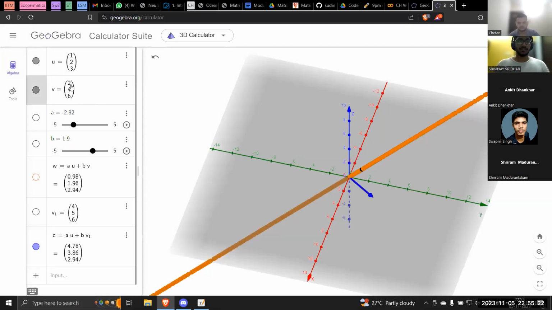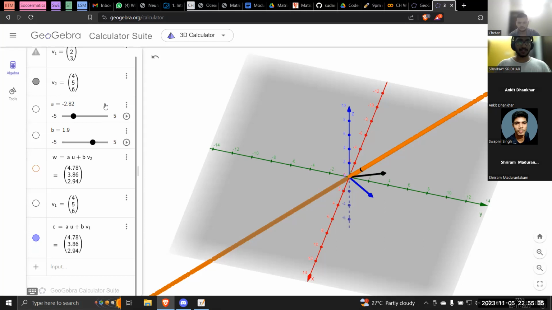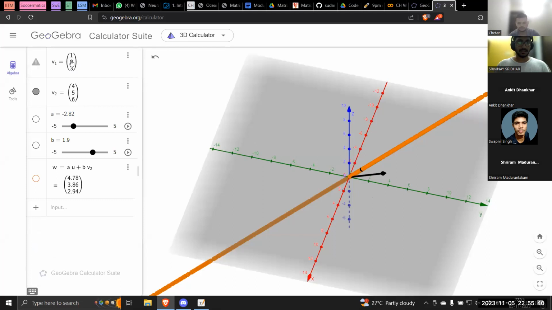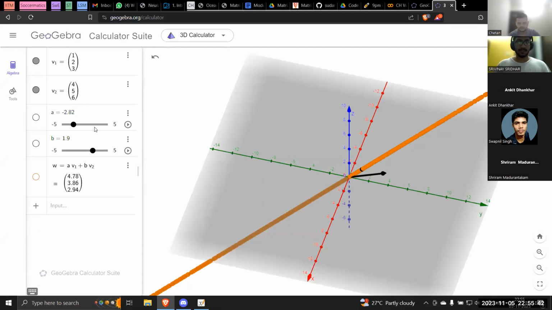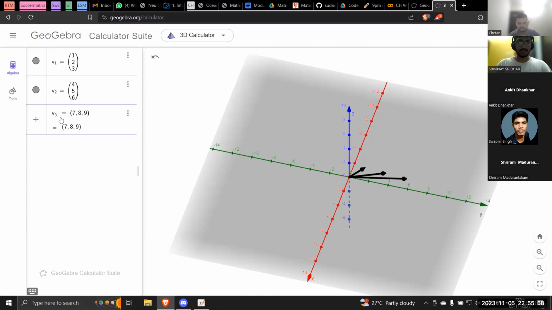Let me write this as V1, V2, and V3 is equal to 7, 8, 9.